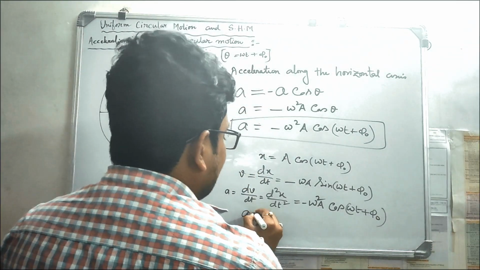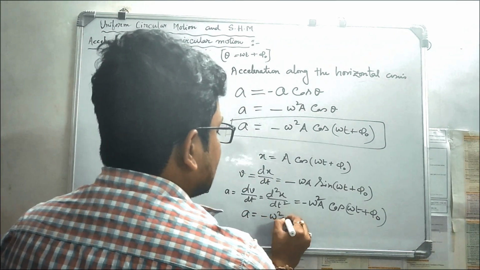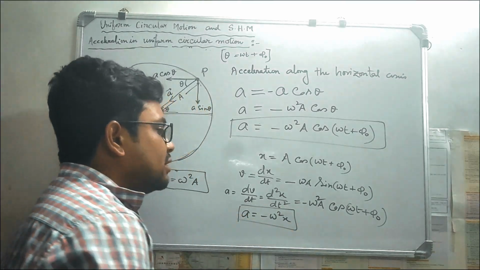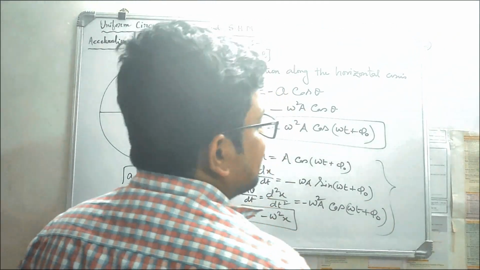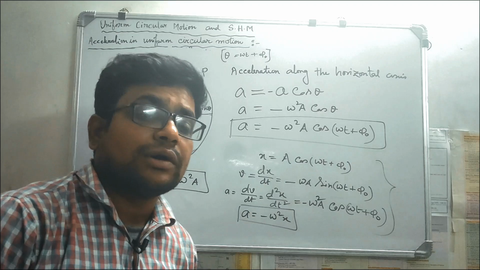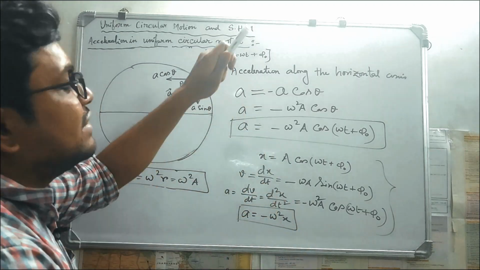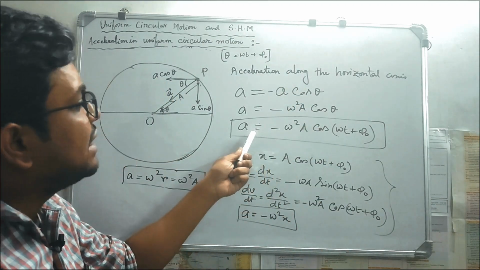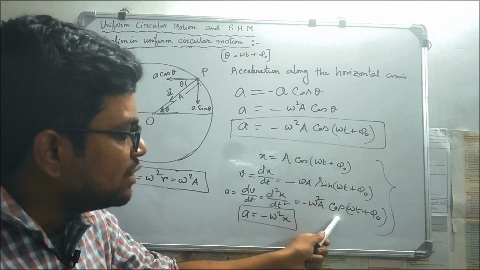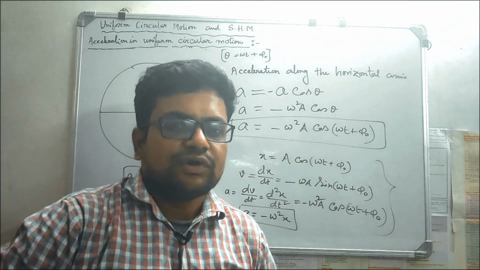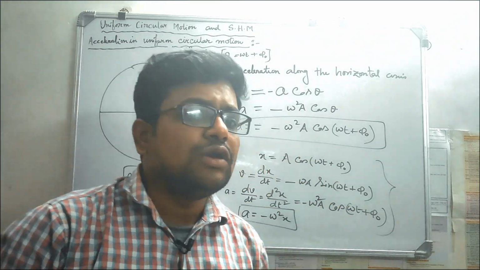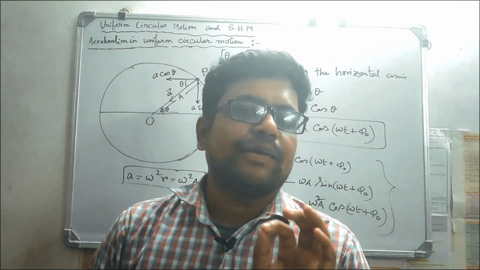Therefore I get the expression acceleration equals minus omega square x. So by differentiation I am getting the expression for acceleration, and by uniform circular motion I am also getting the expression, and you can see both are the same, right? So this is how we can relate uniform circular motion with simple harmonic motion.